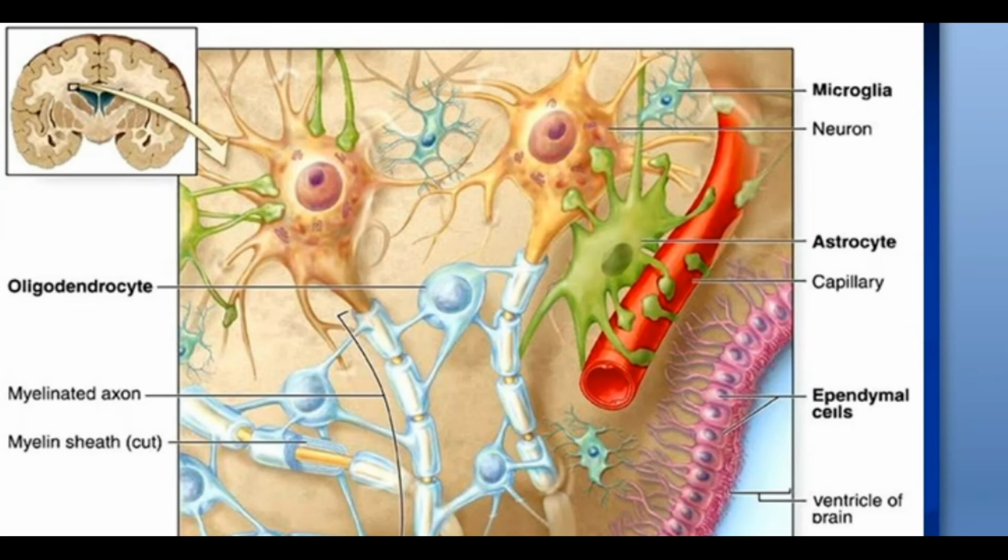The next type of glial cells are astrocytes. Astrocytes are star-shaped cells with profuse branching processes. They contain a large pale round nucleus.